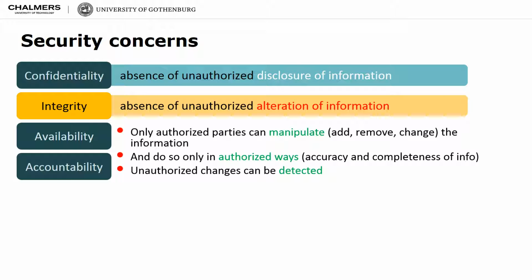And third, if any of the changes that are not authorized do happen, then the system should be able to detect that. And for instance, a typical example is the fact that the logs of a web server should not be altered by an attacker, for instance, in order to cover their traces.